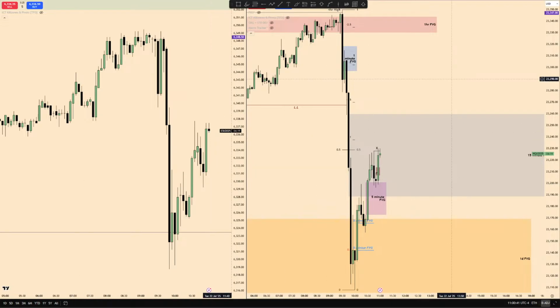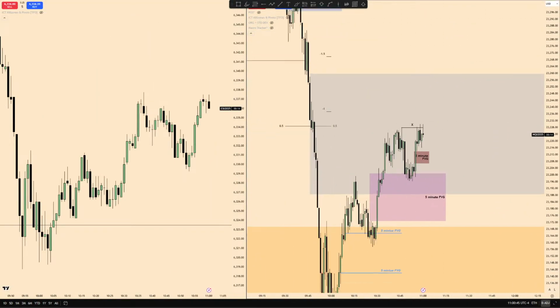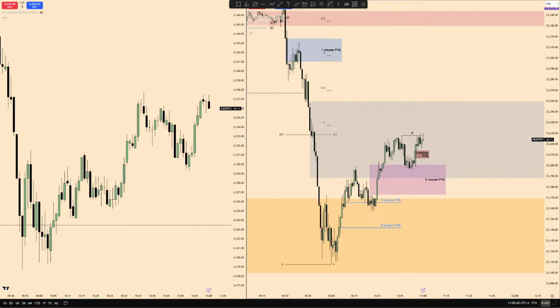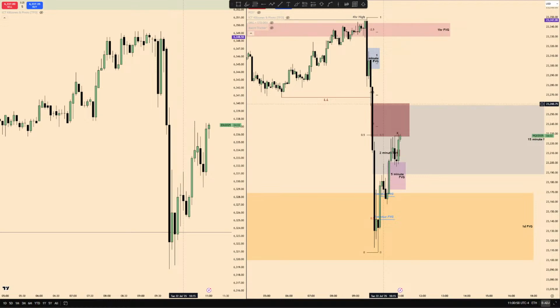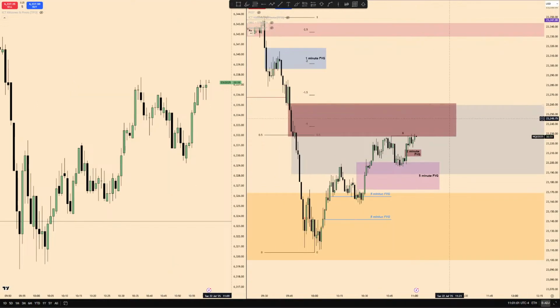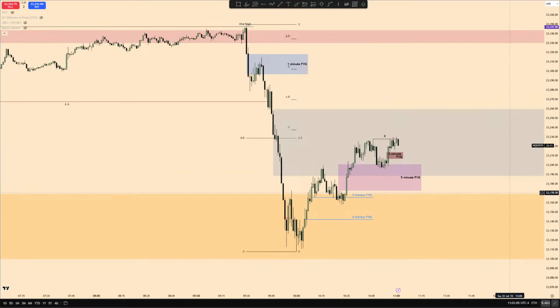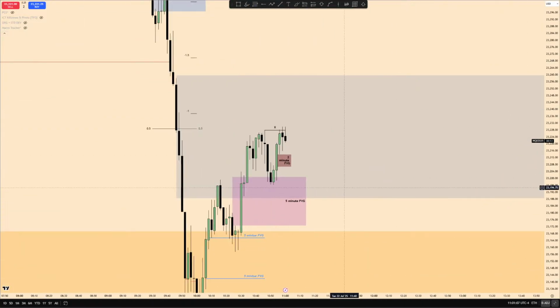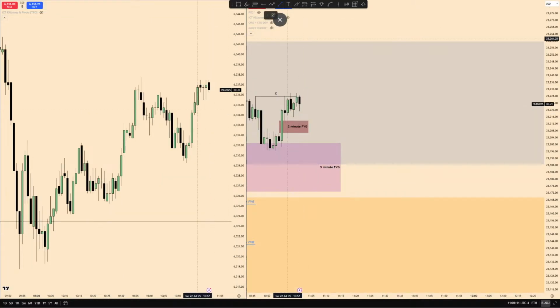So it's very interesting. For shorts, preferably it wouldn't go up through there, right? If I'm looking for shorts, this is kind of my area. Well, actually that's just the 5 minute imbalance. So as long as we're holding this premium 5 minute imbalance, it's good for shorts. I'm looking at taking that 2 minute inversion because I like the cleanliness of it. It's clean.